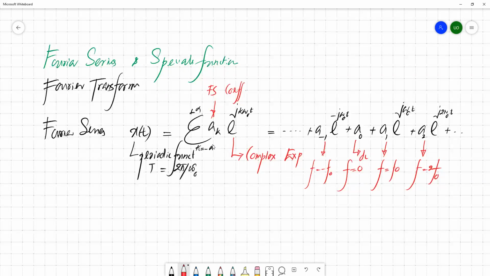Then we claim that A naught is the amplitude at frequency 0. A1 is the contribution from the frequency f naught, A2 is the contribution of 2f naught, A minus 1 is the contribution of minus f naught, and so on.